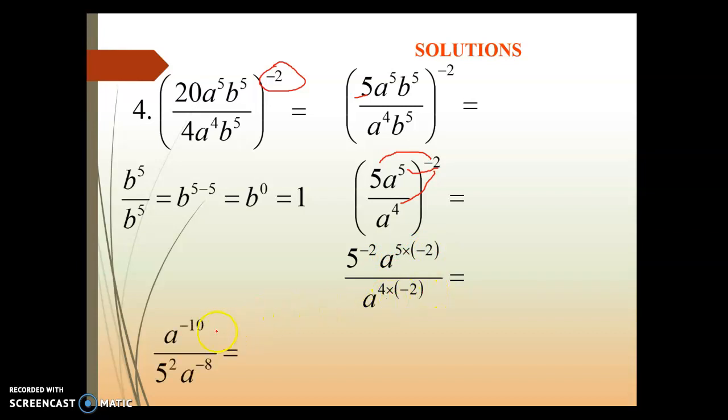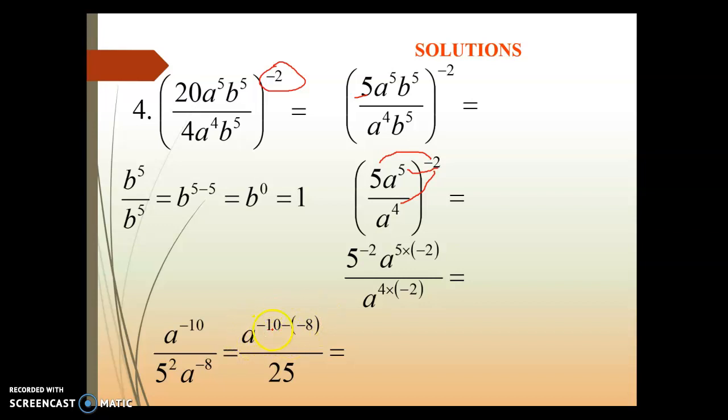And let's simplify. A raised to negative 10. Oh, what happened to 5 squared? Okay, so I already placed it. I took the reciprocal of it and then placed it in the denominator. And then negative 10, negative 8. So this time the division law of exponent applies.